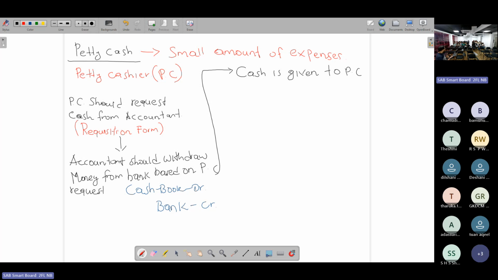At this point, petty cash will be cash. In the books, the accountant should mention it. Accountant only keeps those records. Okay.